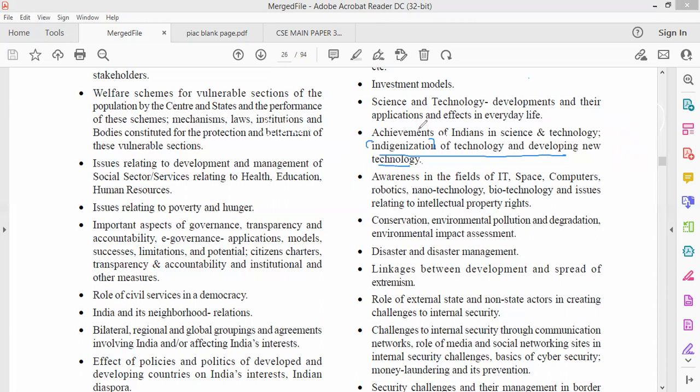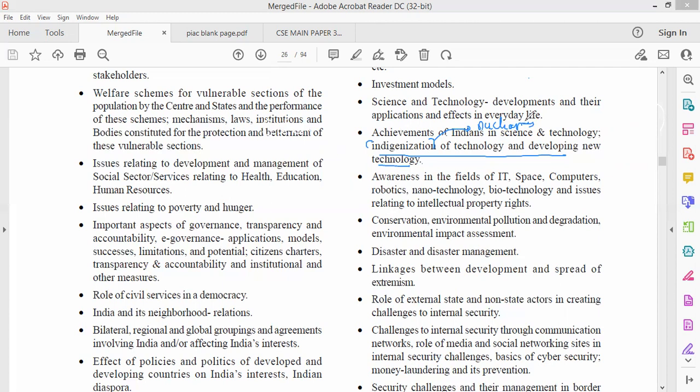In the nuclear field, India has its own technology, for developing military weapons and also for civilian purposes. It has been developed through research and development. India has developed its own technology. It has not borrowed from any other country. India has developed its own technology.